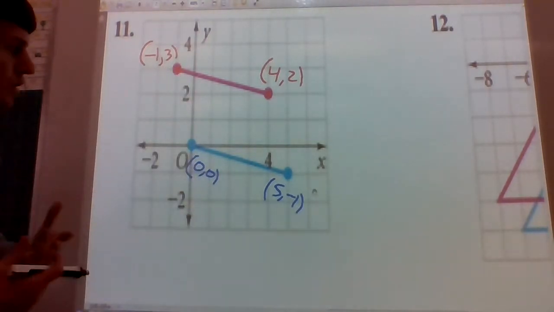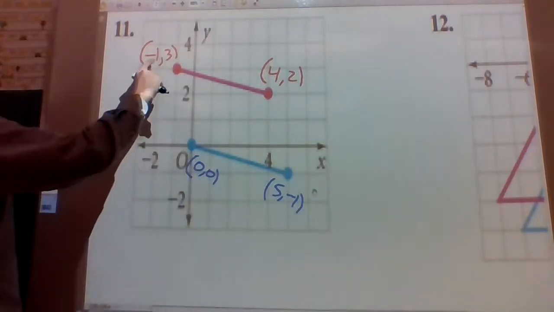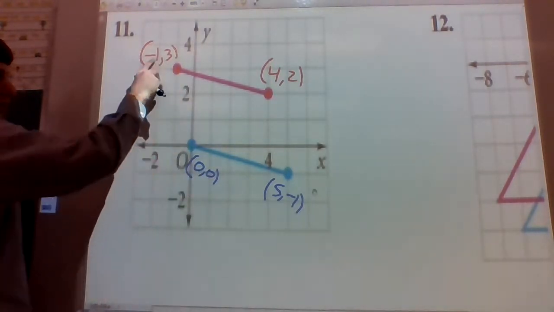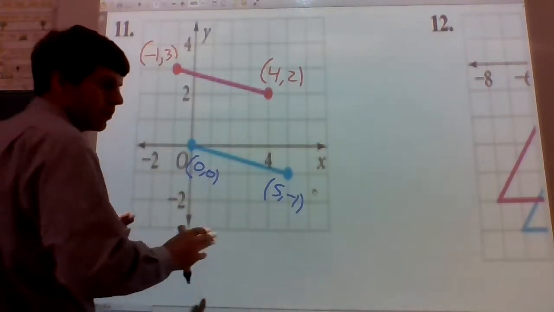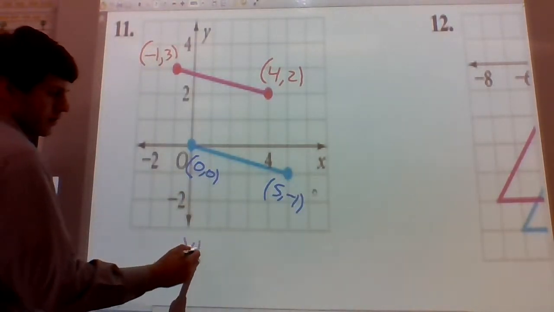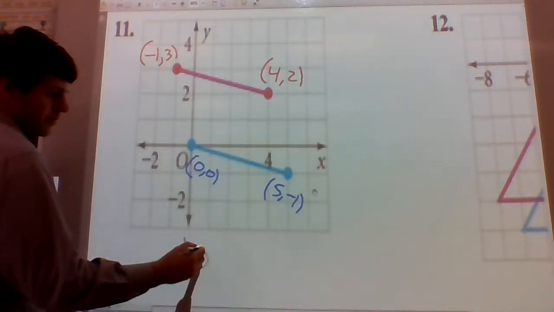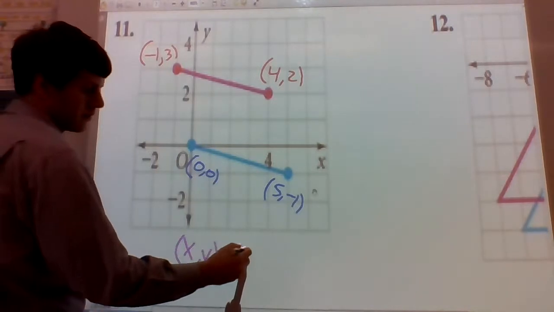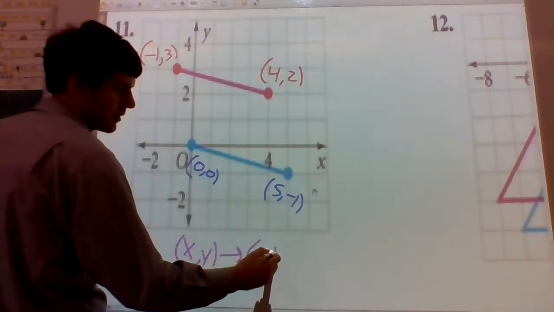So how much are we shifting horizontally when we're going from negative 1 to 0? Negative 1 to 0, we're shifting to the right 1. So that's our original xy coordinate. If we're shifting to the right 1, that's x plus 1.